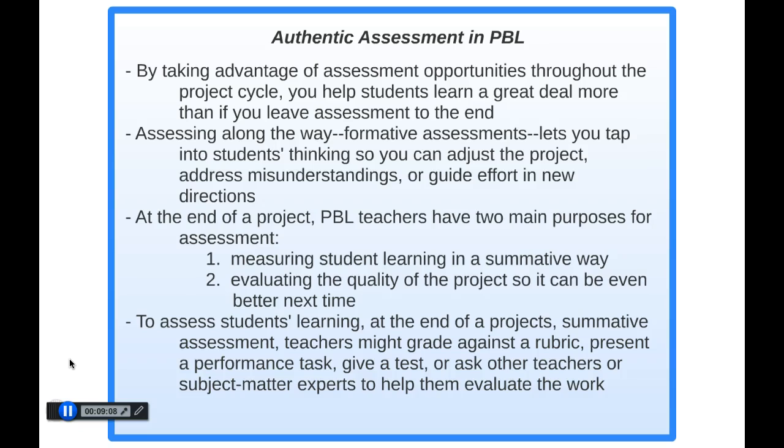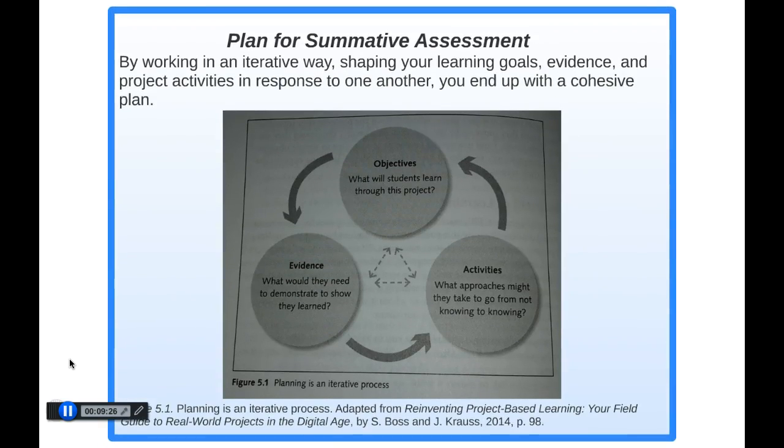To assess students' learning at the end of a project, summative assessment, teachers might grade against a rubric, present a performance task, give a test, or ask other teachers or subject matter experts to help them evaluate the work. Plan for summative assessment.